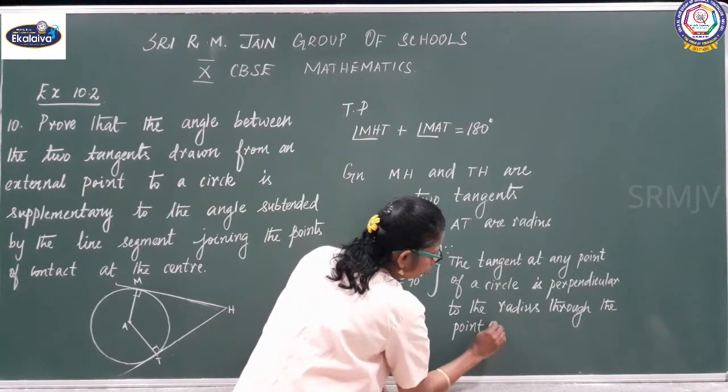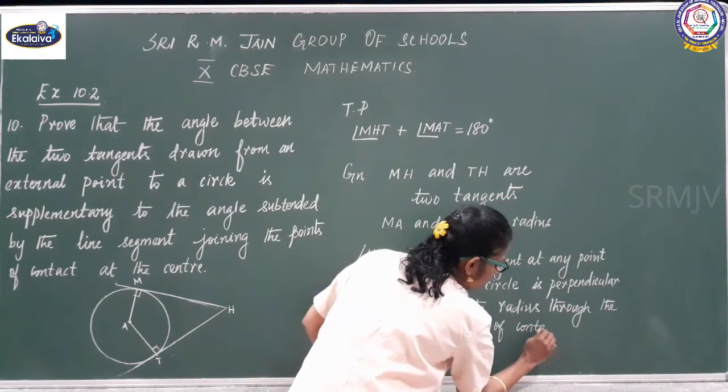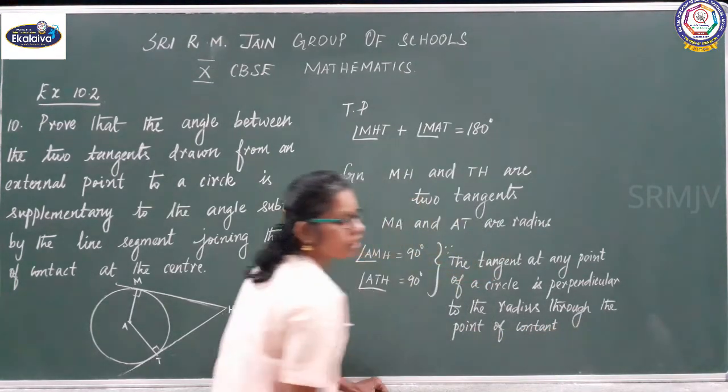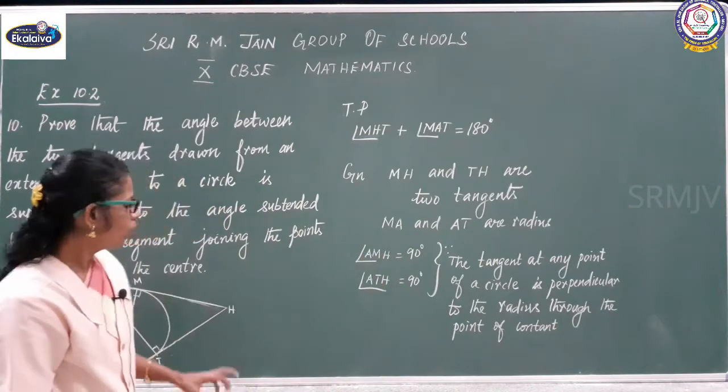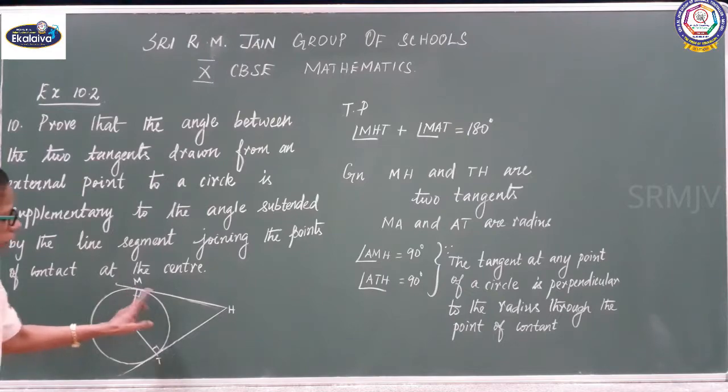That means the radius and the tangent meet at a point, it makes an angle 90 degree. That I have written here. Now what we want to prove? MAT plus MHT equal to 180 degree.